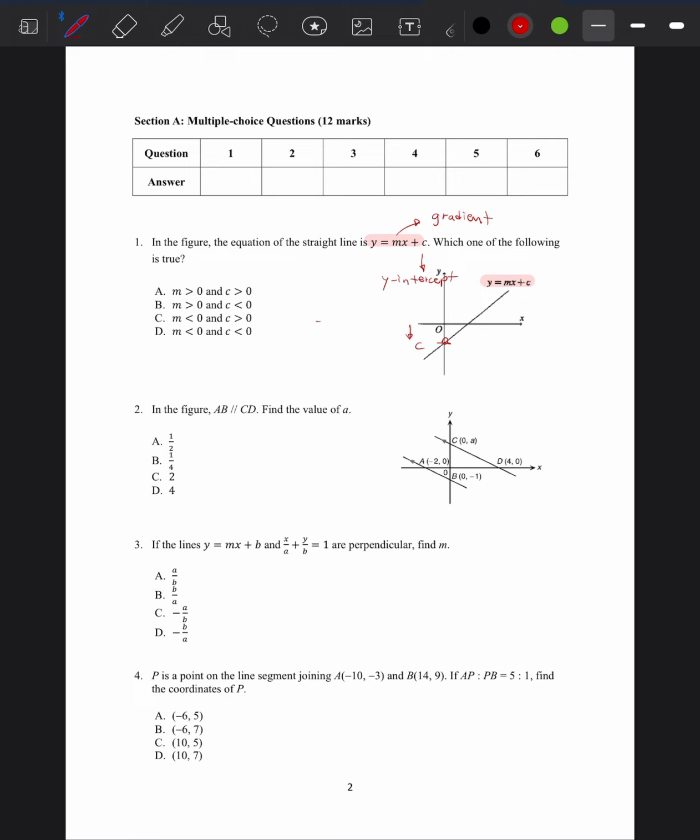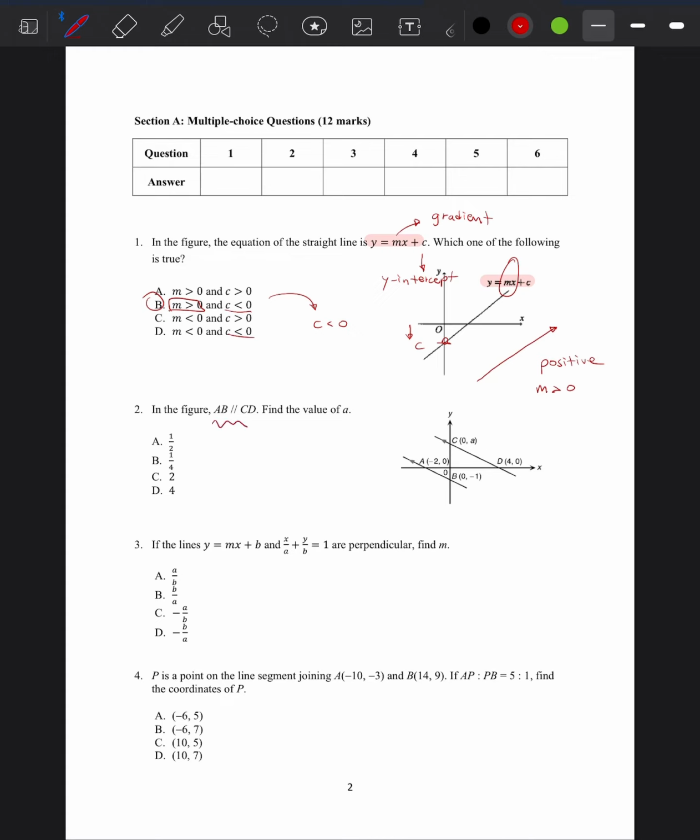It is below 0, so c is smaller than 0, a negative number, so choices B and D fit your criteria. And when we look at the gradient, this line is coming from this way to this, and this direction of a line gives you a positive gradient, so your m has to be greater than 0, and therefore your answer is B.